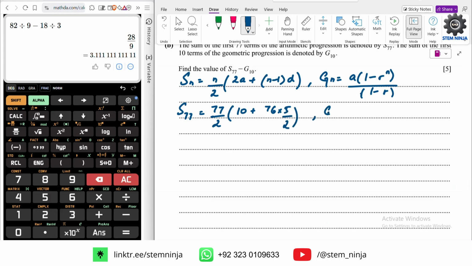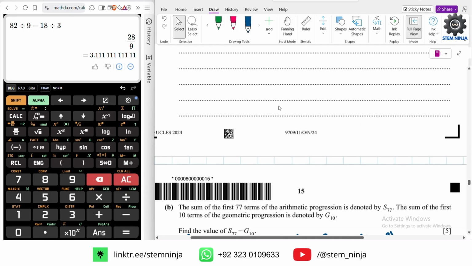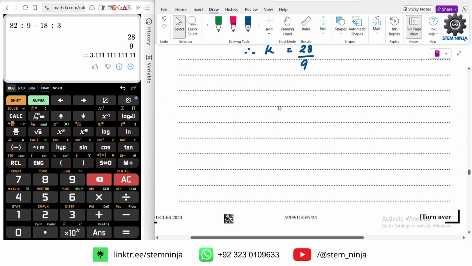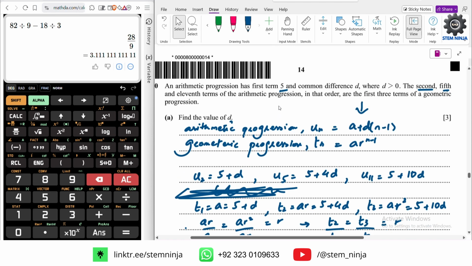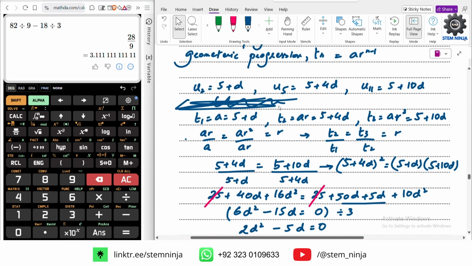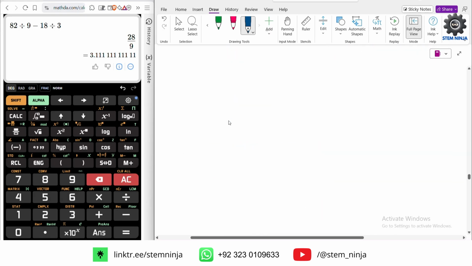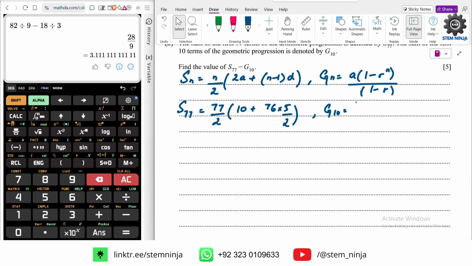Okay, and for G10, the first term a is going to be the second term of the original, so 5 plus 5 over 2, 7.5, which is 15 over 2.